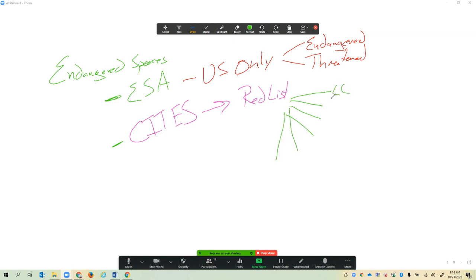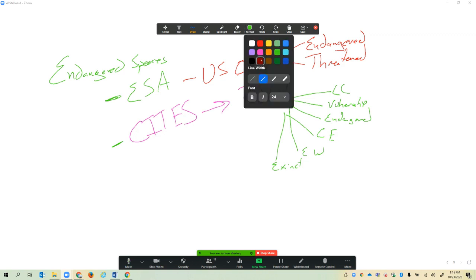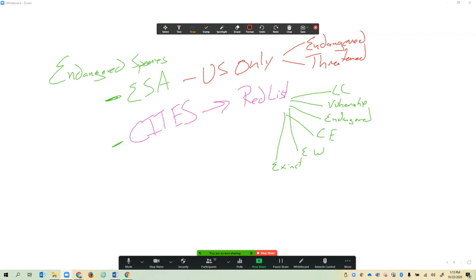It goes from least concern to vulnerable to then endangered to critically endangered to extinct in the wild to eventually extinct. And they evaluate many, many different organisms. This is international law, and it's designed to help protect organisms that are endangered so that they are not illegally trafficked or illegally harvested and various things like that.